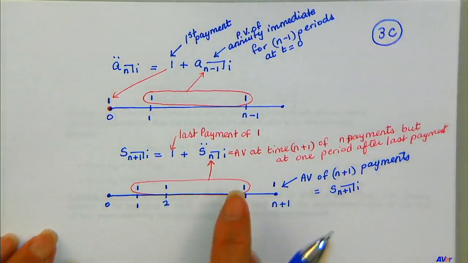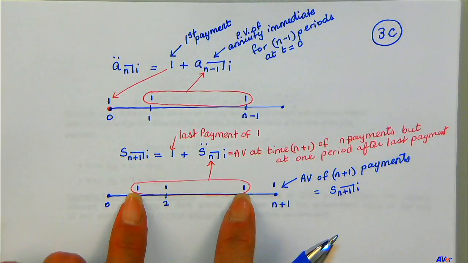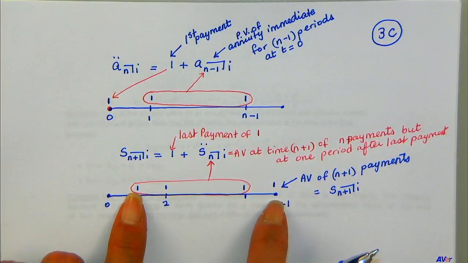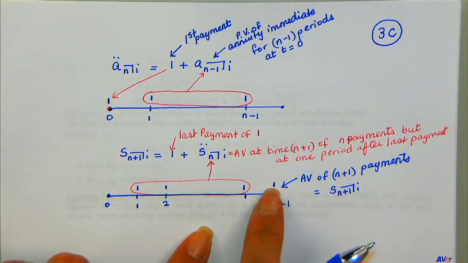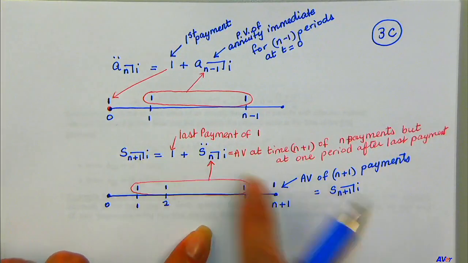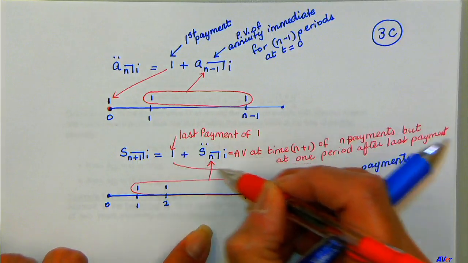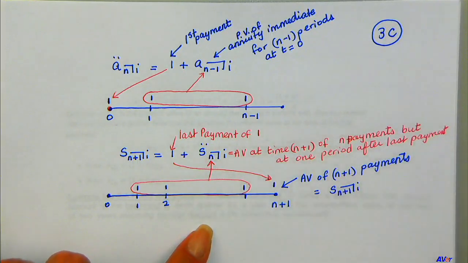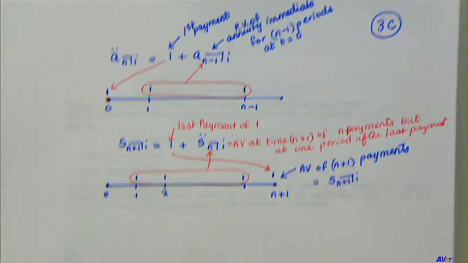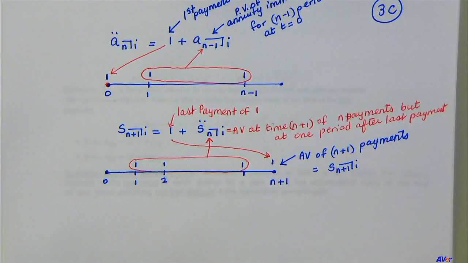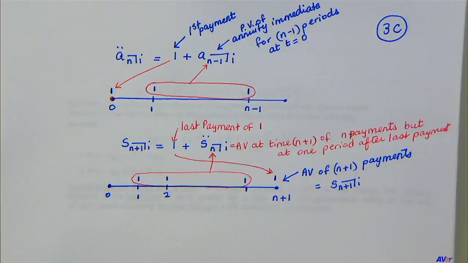So I'm saying that the accumulated value of these n payments at this time is called S double dot angle NI. Plus this last payment of 1 is this guy. Follow me? And that is equal to S angle n plus 1 I.